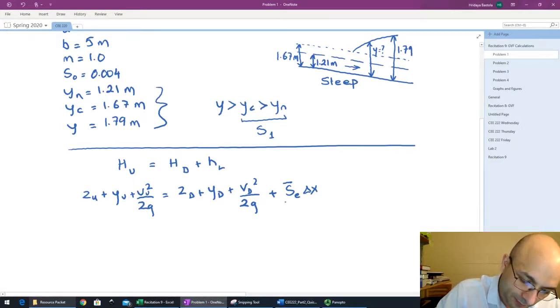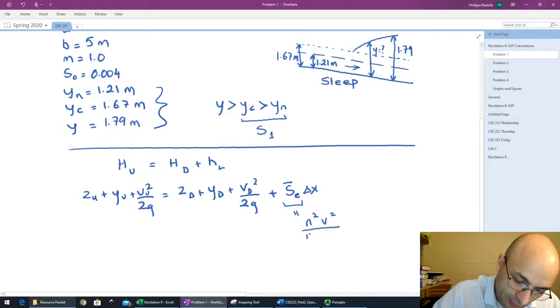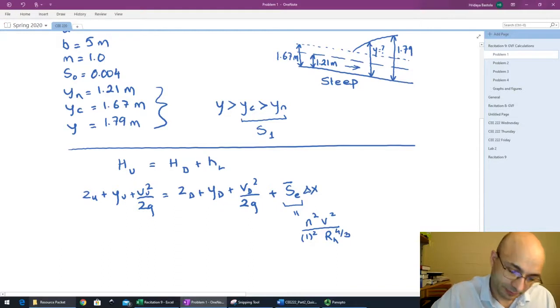So to get the slope of the energy grade line, we'll use Manning's equation, and we can equate this to n squared v squared over, the coefficient here is 1 for SI unit, so it's just 1 squared, which is equal to 1, times hydraulic radius to the power 4 over 3.